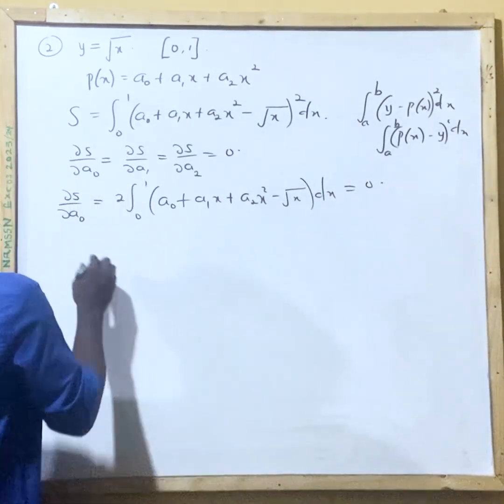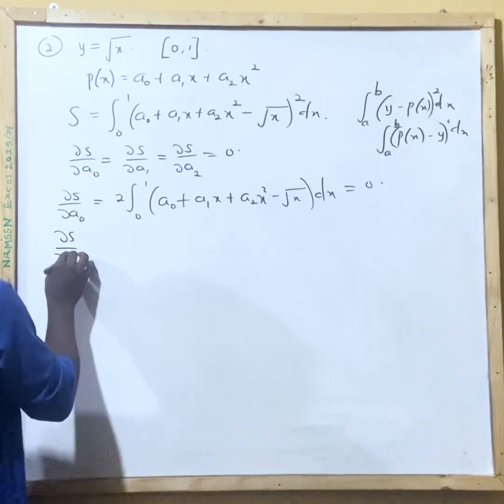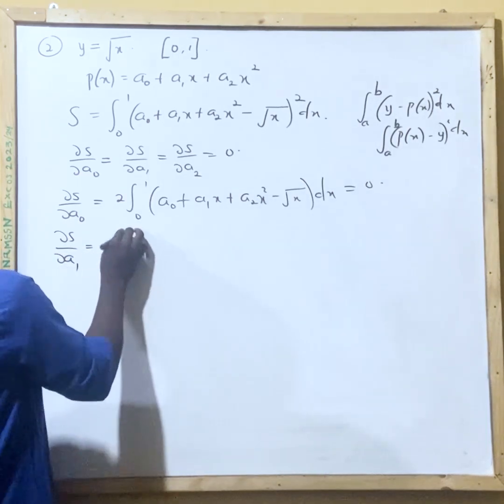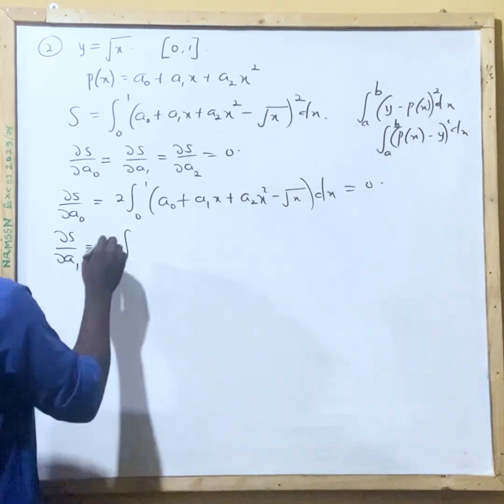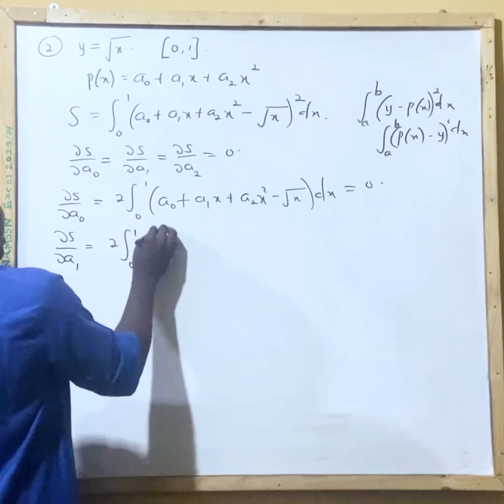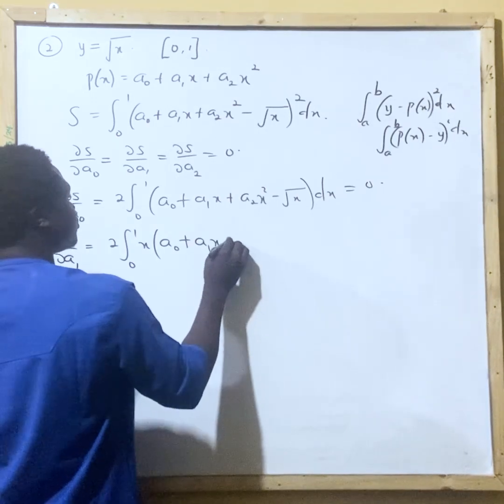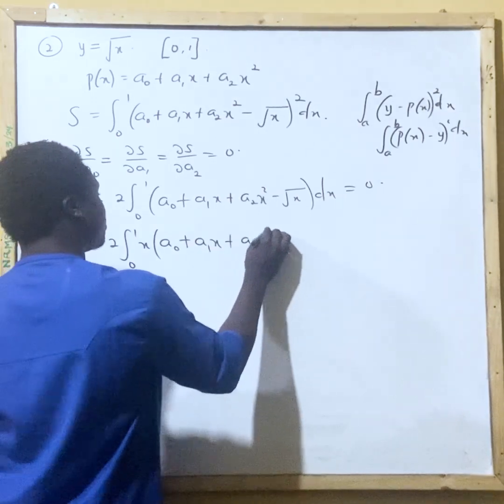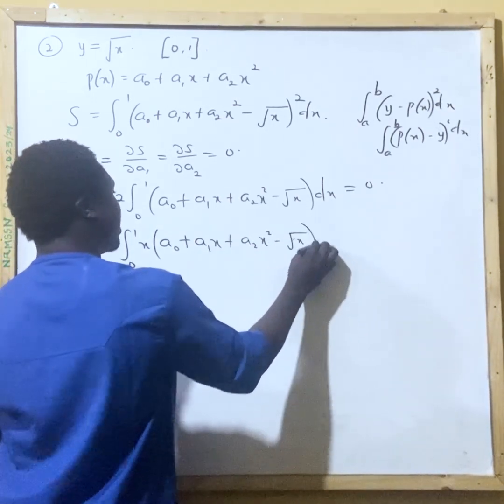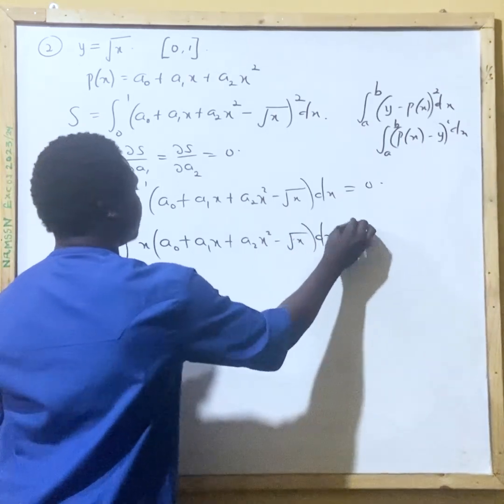The partial derivative with respect to a1 is given as 2 integral 0 to 1 of x times a naught plus a1x plus a2x squared minus root x dx, and that should give us 0.